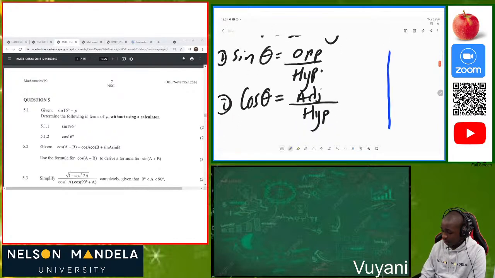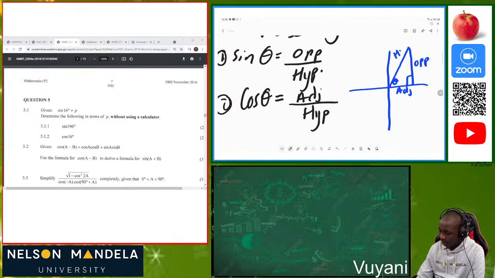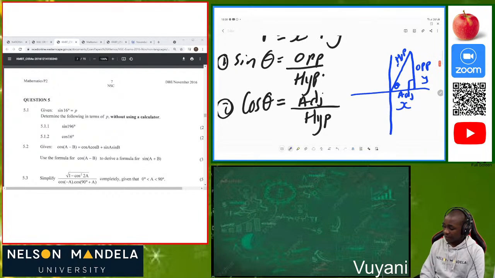Say we have the xy plane, in the first quadrant. Then we have our 90 degrees, and our theta here. This will be our adjacent side, this will be our opposite side, and this will be our hypotenuse side, say x, y, and r. So sine of theta is opposite over hypotenuse. Cos of theta is adjacent over hypotenuse.